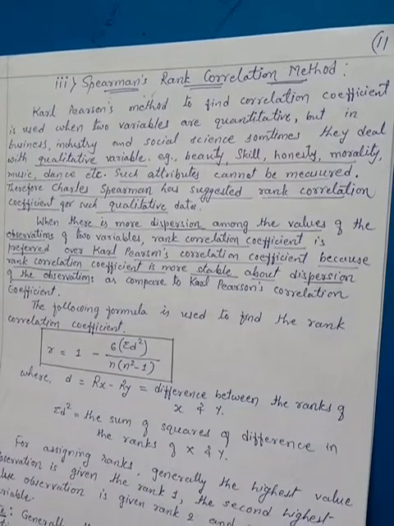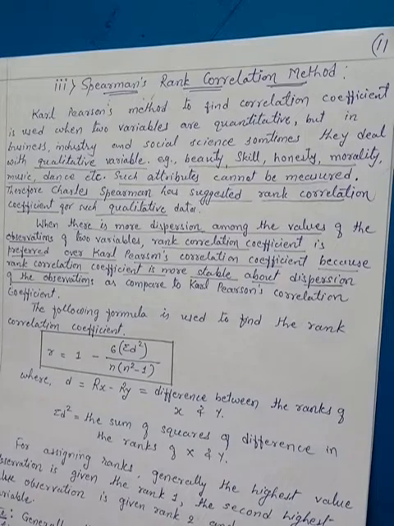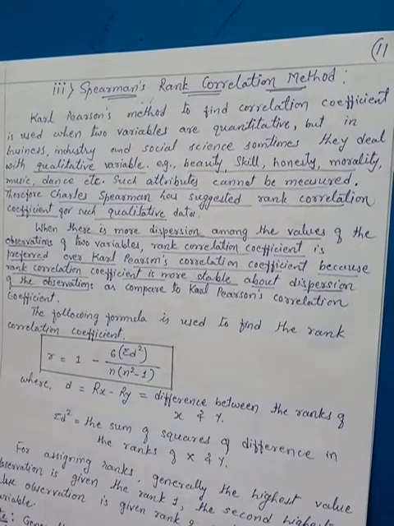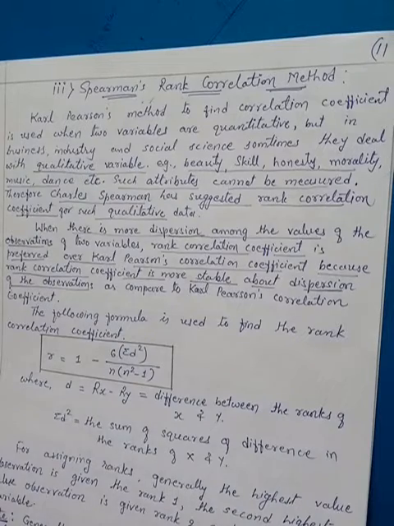Also, when the dispersion between the observations of two quantitative variables is very high. Dispersion, you have learned in 11th standard, means the distance of the values from the average value of the data is very high.